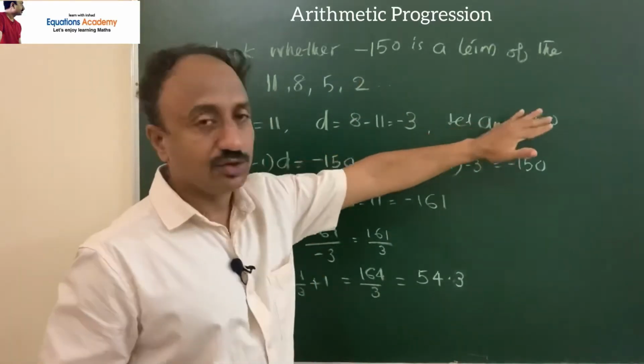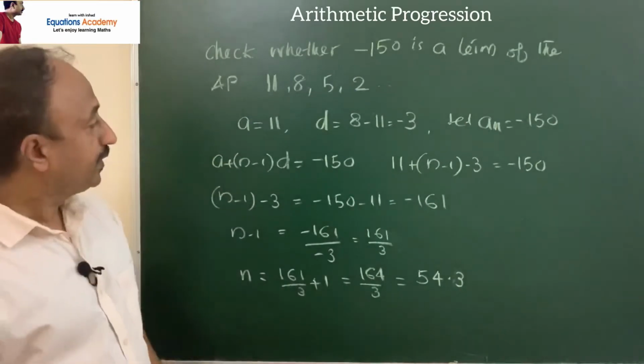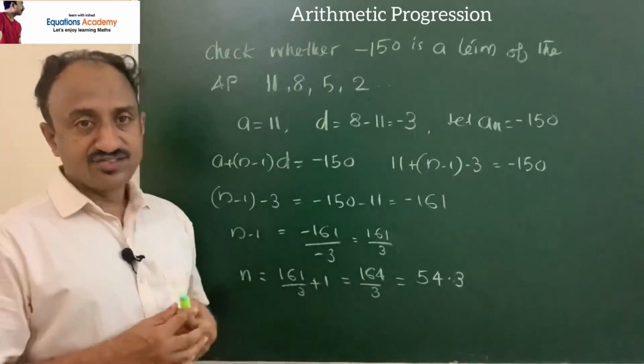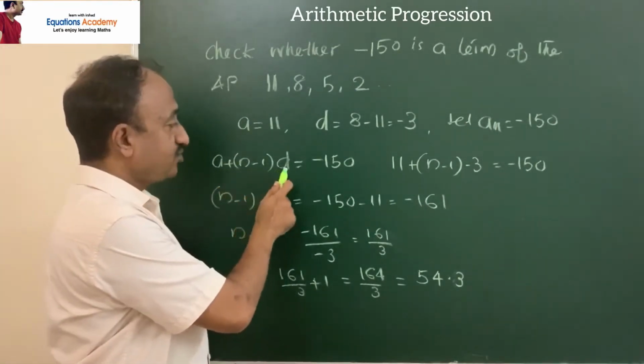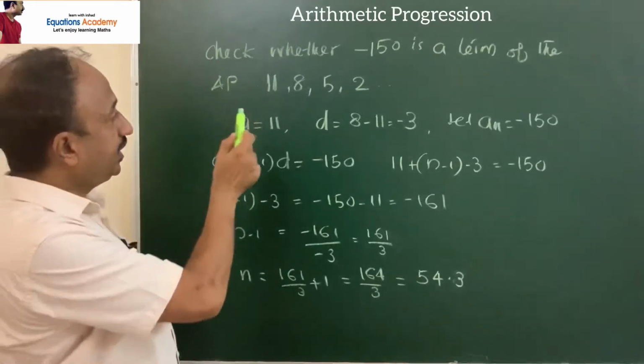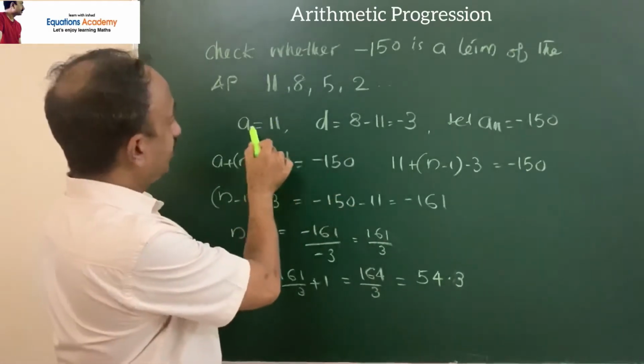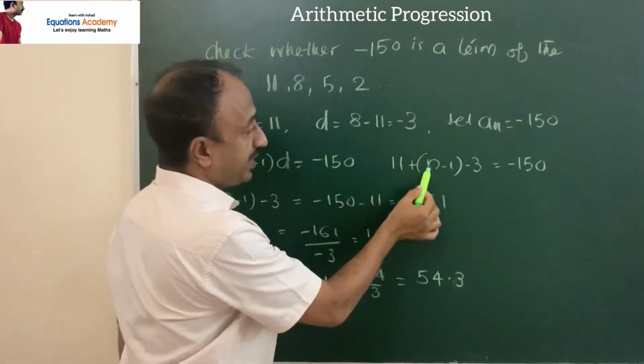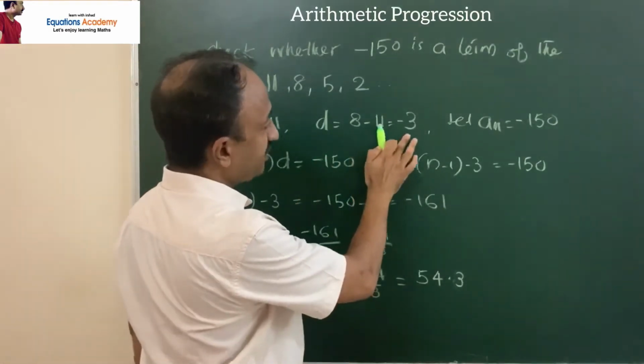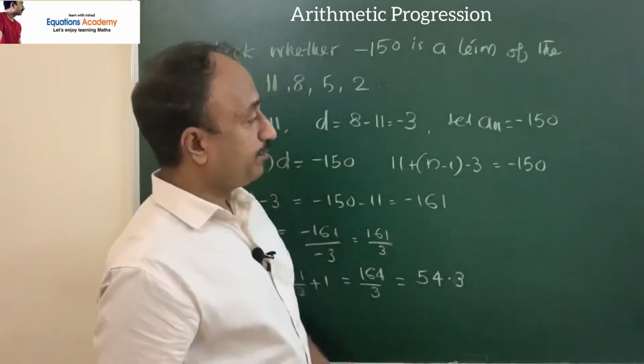Let a_n equal to minus 150. We know a_n is equal to a plus (n minus 1) into d. a equal to the first term, that is 11.